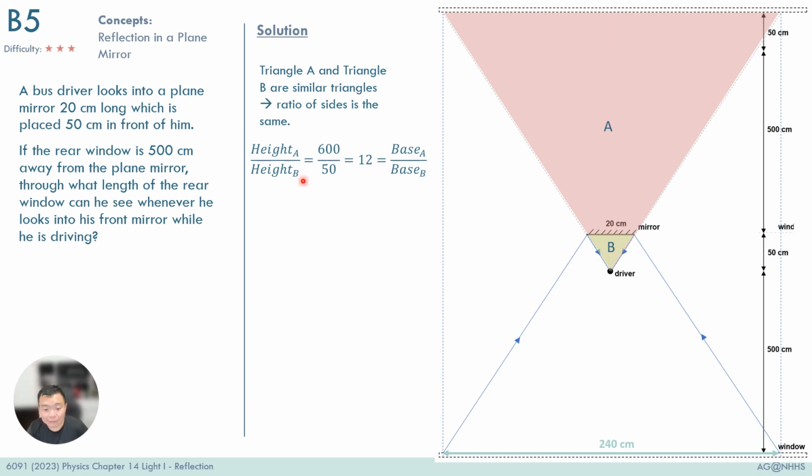And the height of B, the smaller triangle, is just over here, and that's only 50 cm. So I can get this ratio to be 12:1. The ratio applies to the base of A, which is the answer that we're looking for, and the base of B, which is the length of the mirror, 20 cm. So plugging in the values, we get the answer of 240 cm.